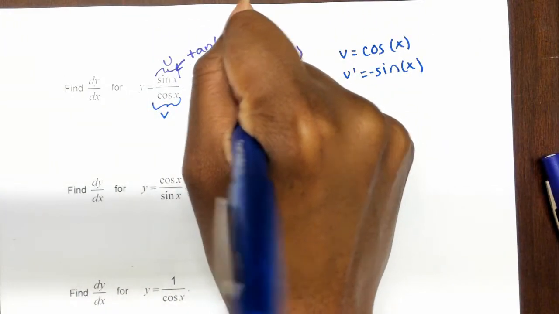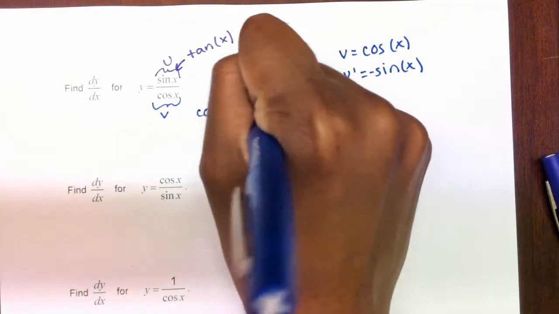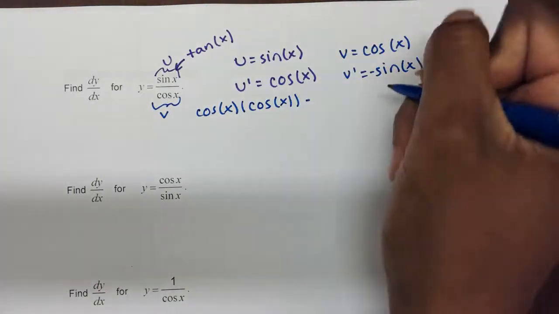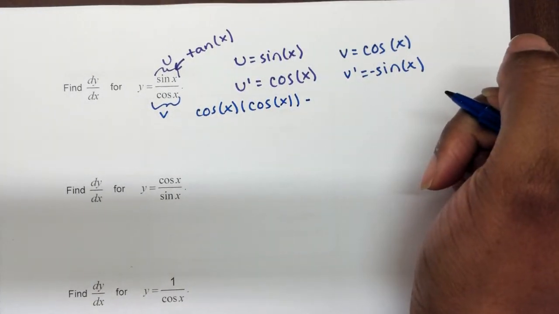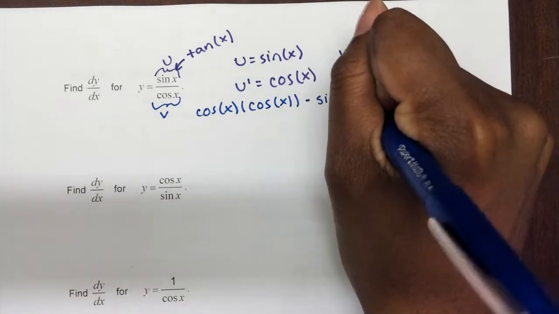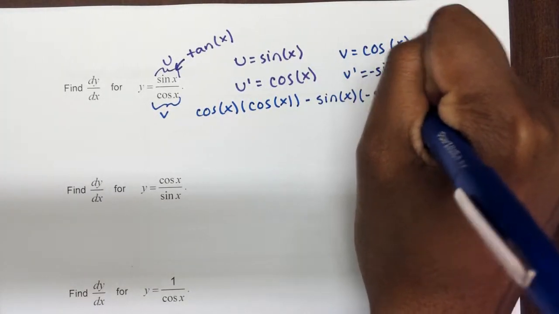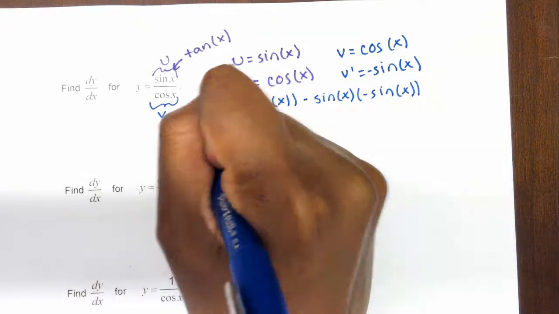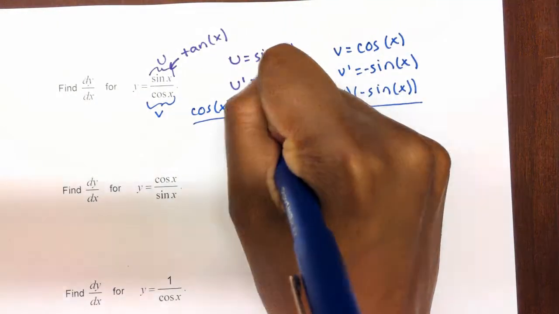So we have cosine x times cosine x minus sine x times negative sine x all over cosine squared x.